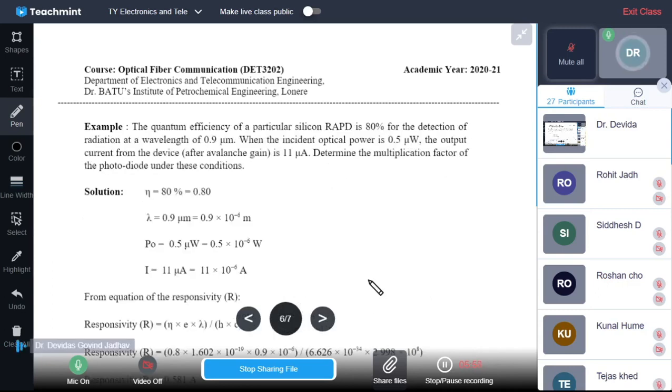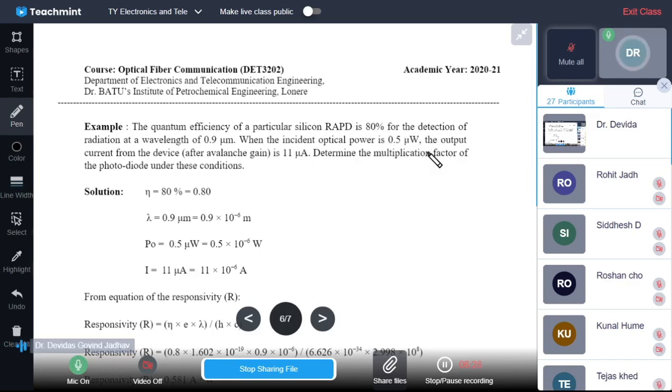Then the last problem. The quantum efficiency of a particular silicon RAPD is 80%.